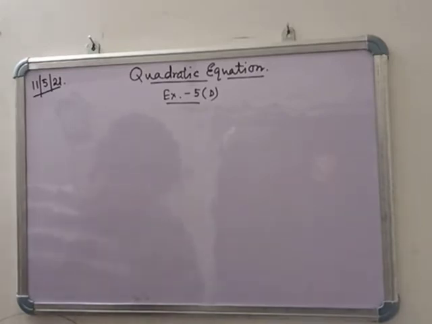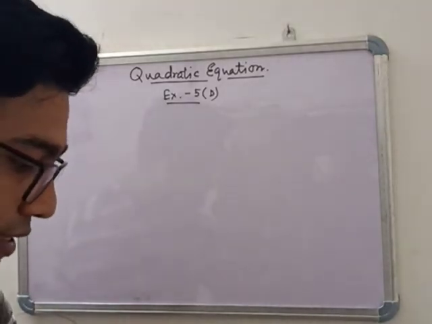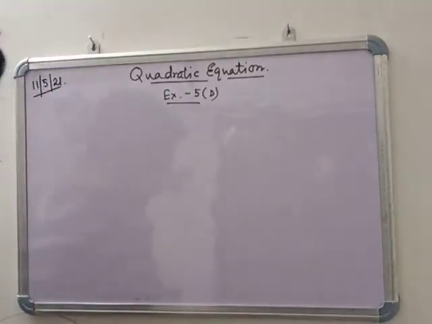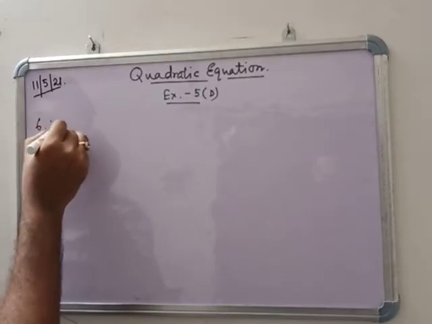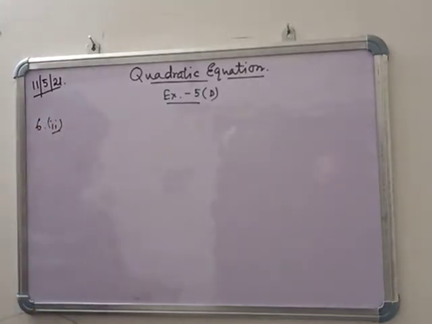Now in 6.2, see that, find the values of m for which the following quadratic equation has real and equal roots. Same problem is this. So real and equal roots given, that means b square minus 4ac equals to 0. Okay. So now 6.2. So the equation is given.